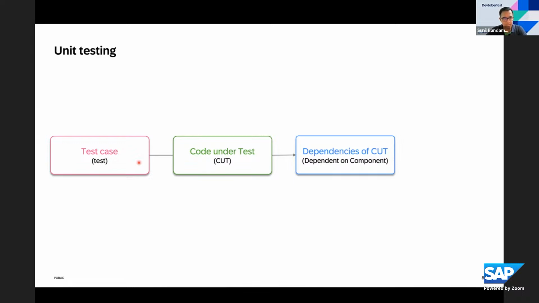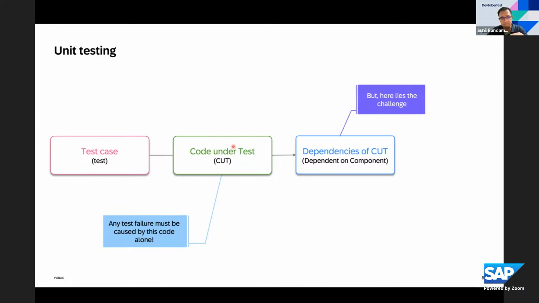Now, when I'm writing a unit test for this code under test, my goal should be that when the test case fails, the test failure is happening because of some issue with this code under test alone. But what we often see is that the dependencies are variables and will not be completely in our control.